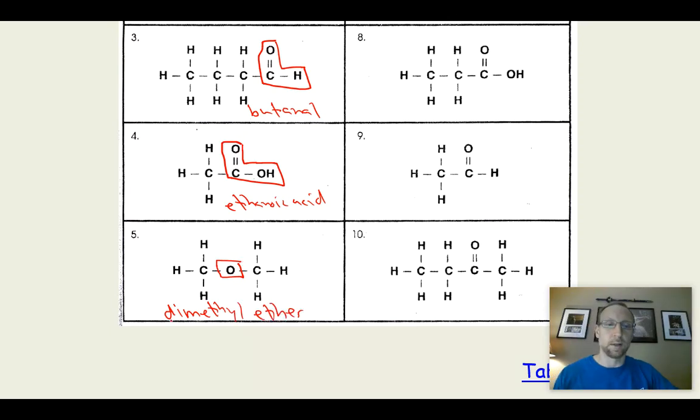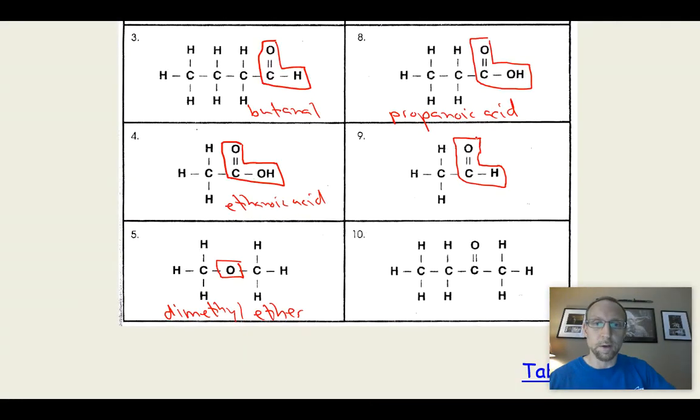Number 8, here's my COOH, organic acid. 3 carbons is propanoic acid. Next up, here's my C double O on the end. So it's another aldehyde.